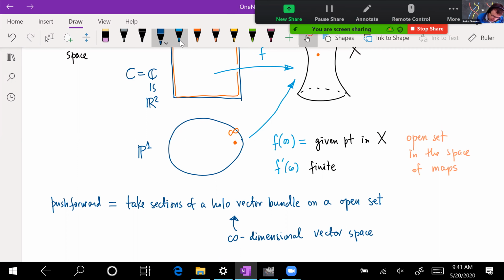So on X, we have the automorphism group of X, and maybe you want to fix that point, which we want to say is infinity. Similarly here we have an action of the automorphisms of P1 fixing that infinity. And most importantly, here we have just rotation by Q.